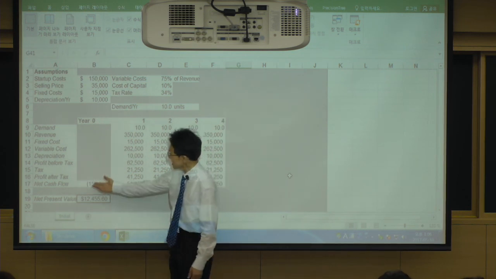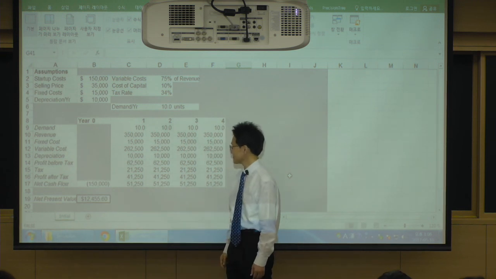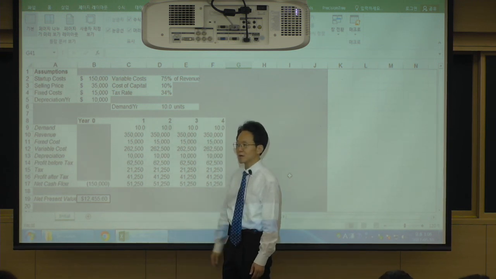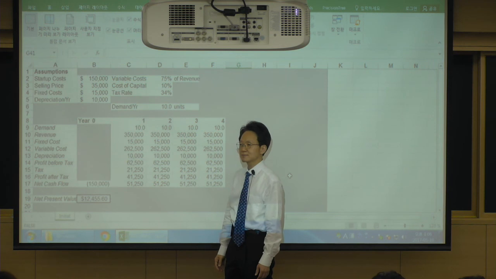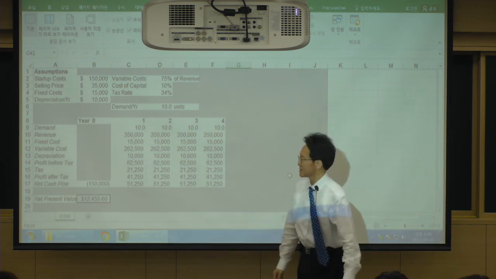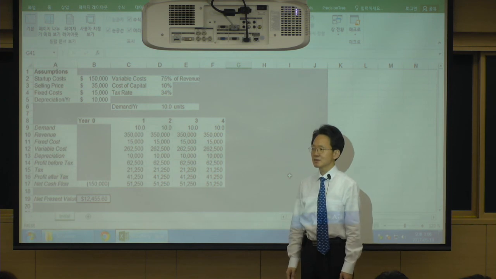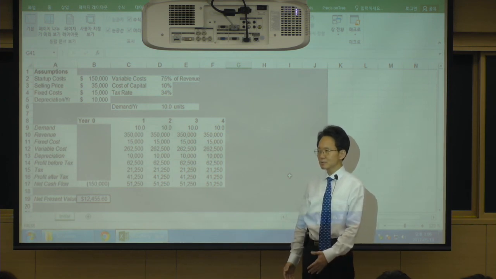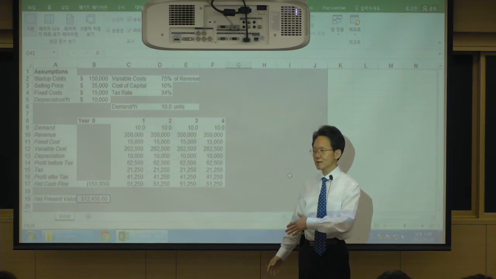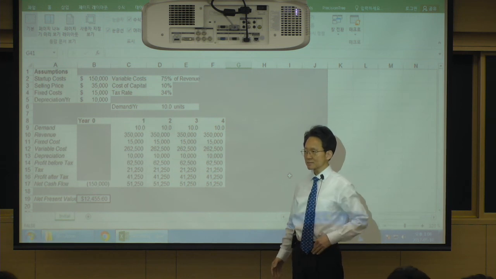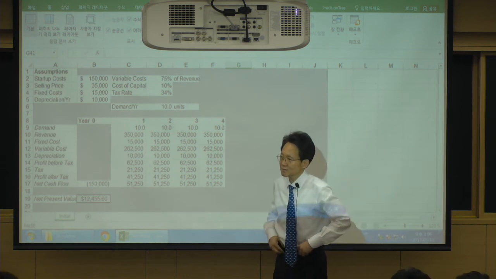And then what is it? Cash flow. You learned about this, right? Juan, what is cash flow? You remember? Did you take some courses in finance and accounting? So what is cash flow?